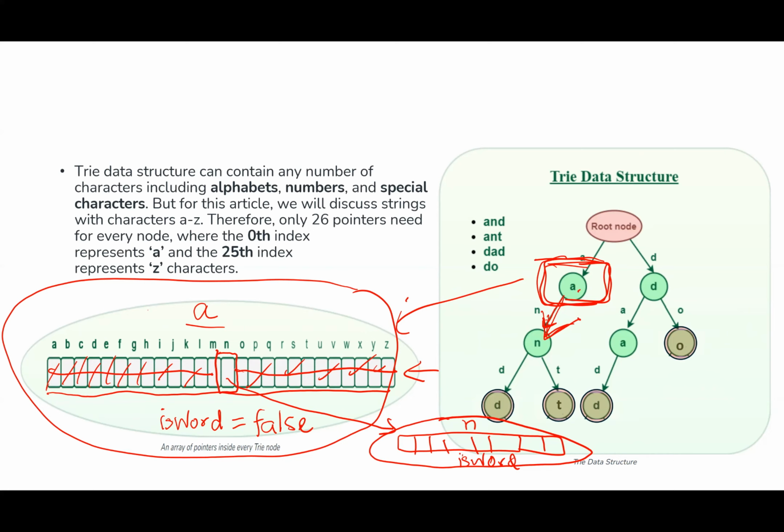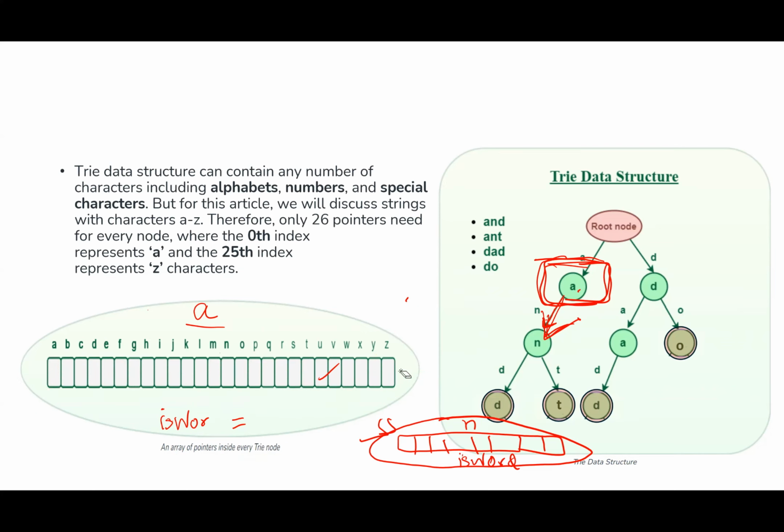That means this location has a reference to another node, another trie node, and it has only one children.